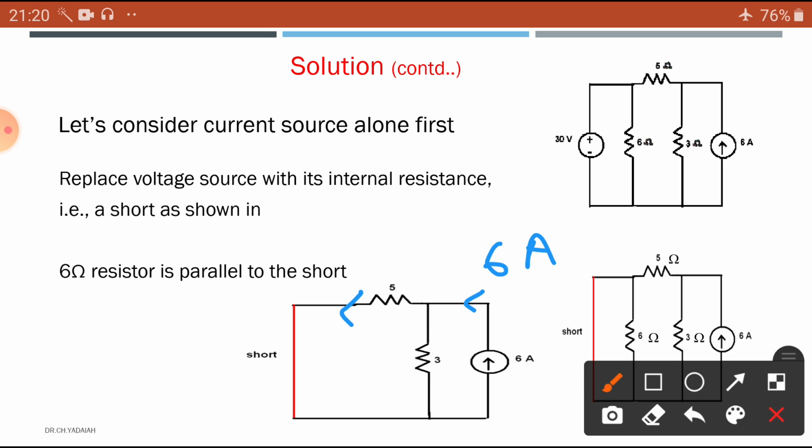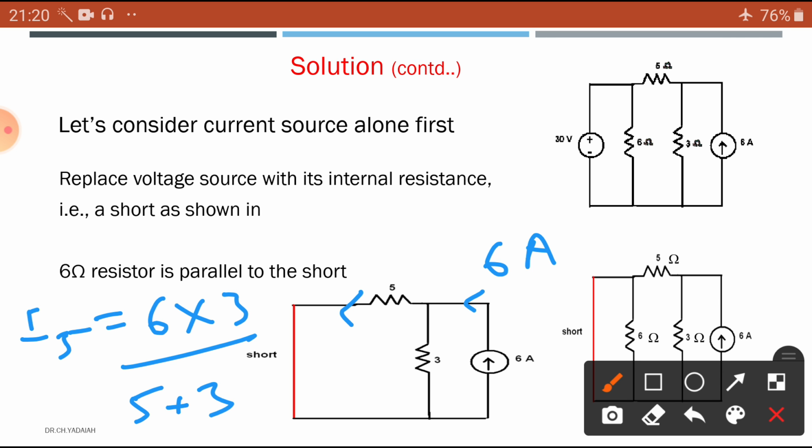Now as per current division, the total current here through the 5 ohm resistor is equal to, okay, what is the total current? 6 amperes into the opposite resistance, 3 ohms, divided by 5 ohms plus 3 ohms. This is the current.